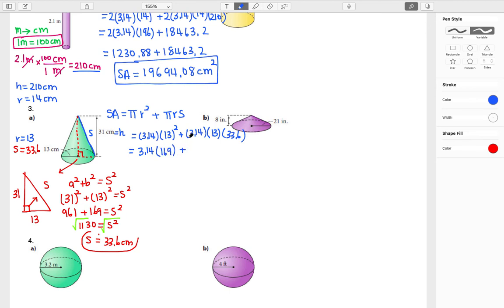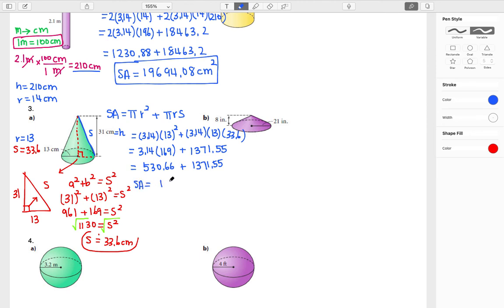And then you're going to do all of this all at once. Punch it in your calculator. You'll get 1,371.55. And then when I multiply these two, I get 530.66 plus 1,371.55. So we're going to add this together.